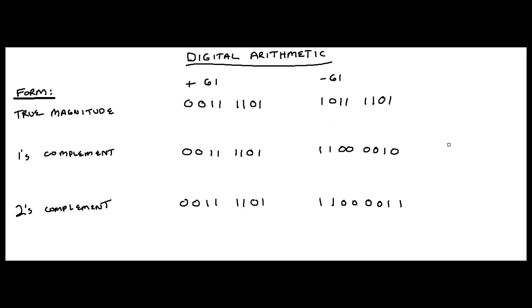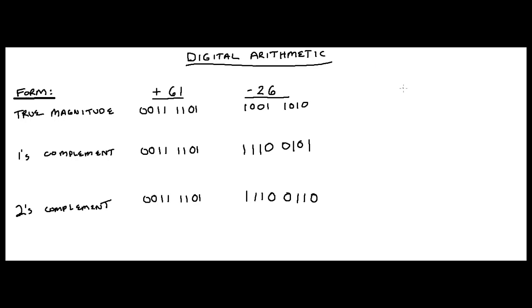There you go, right? Okay, so now at this point, I believe you know how to obtain the true magnitude, 1's complement, and 2's complement of a number. Next, we're going to go over how to use the 2's complement to perform a subtraction. See you soon.